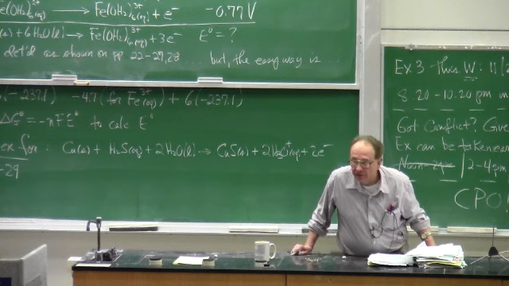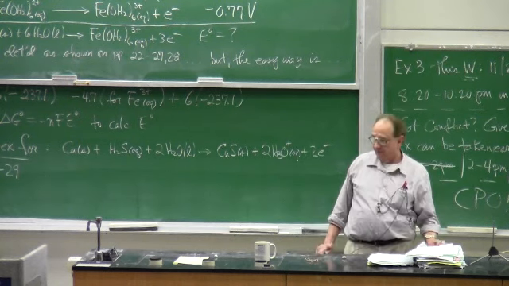We use that information, for example, to recognize why carbon graphite is the thermodynamically stable version of carbon rather than carbon diamond.